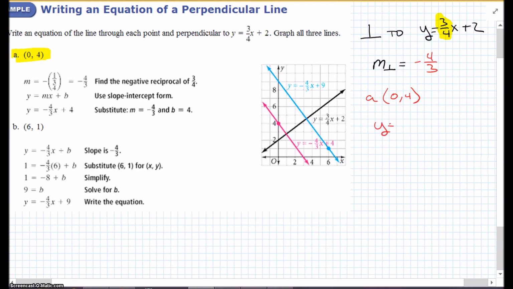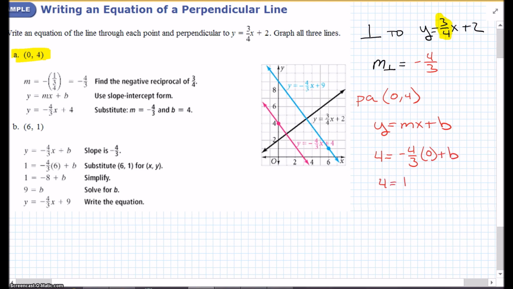Okay, so in A, it goes through point 0, 4. So we could say y equals mx plus b and go ahead and just solve for b. Okay, this is one way to do it. So our y value is 4. Our slope is negative 4 over 3. Our x value for point A is 0, so solve for b.